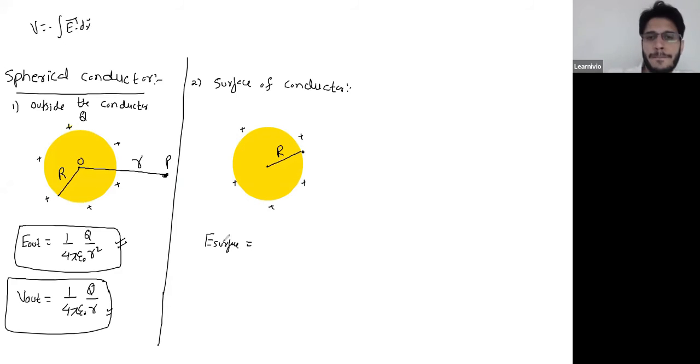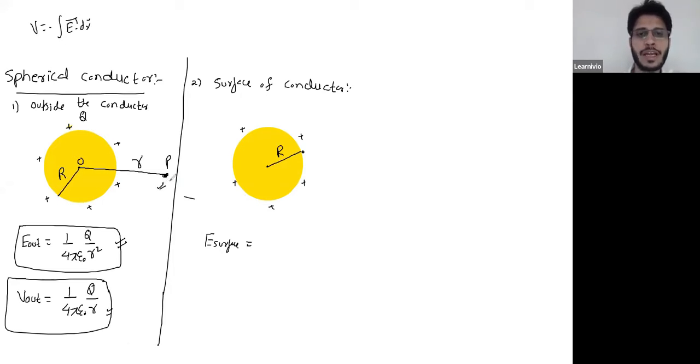There will be a very minute difference. No, it won't be E dot ds. I'm just asking about the expression of electric field and potential on the surface. What change will be here?